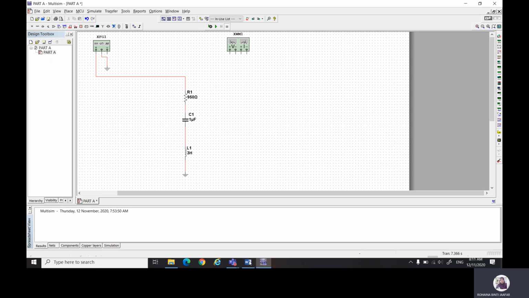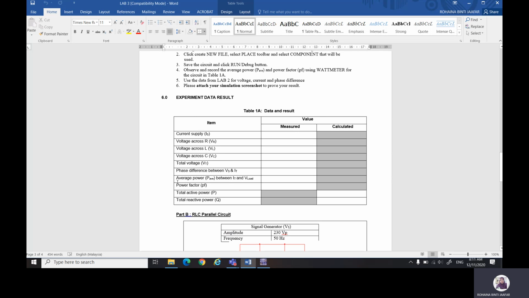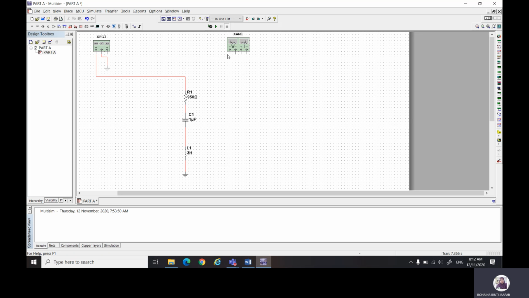If you refer to the question, this is part A. Part A: measure the average power between I total or I supply and V load. It means you measure the current of the series circuit, which is your I supply, and the voltage of the load, which is the voltage across the RLC load. How do you connect the wattmeter?